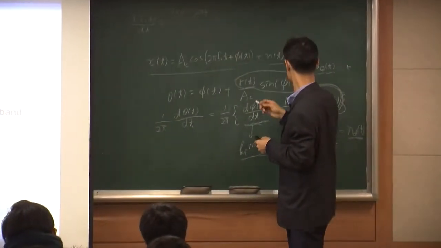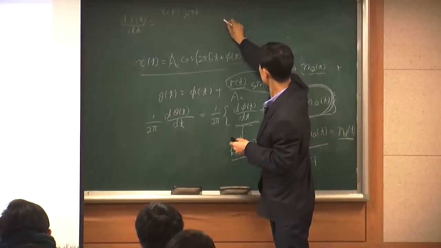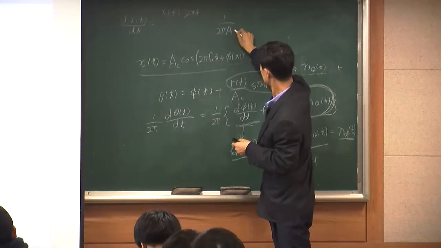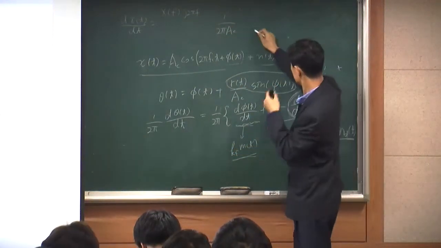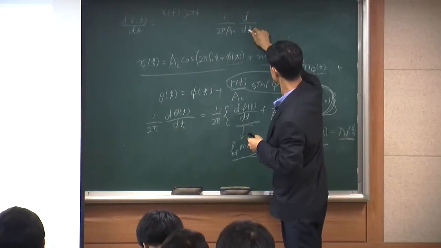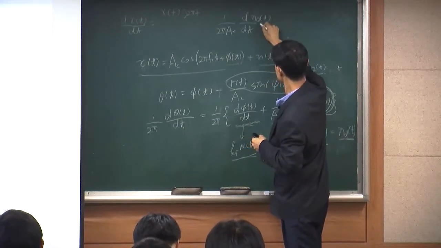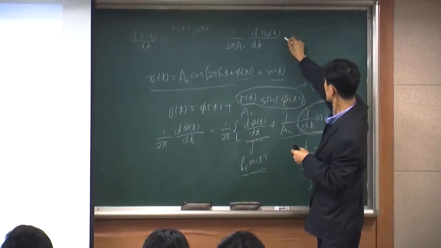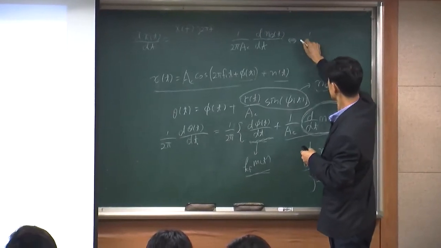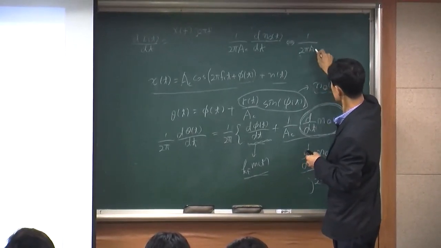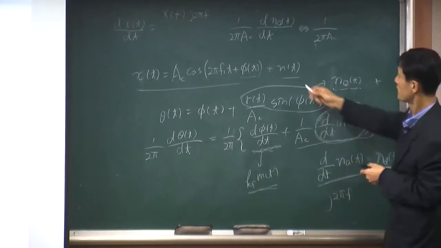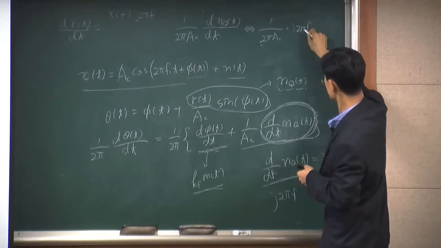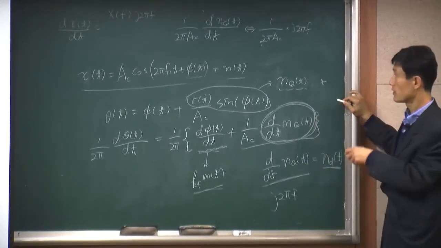Okay, simply what I'm trying to say is this is what we are trying to do in the time domain, but we want to look at this in the frequency domain. This constant value is still there, and the time derivative is the same as multiplying by j2πf.